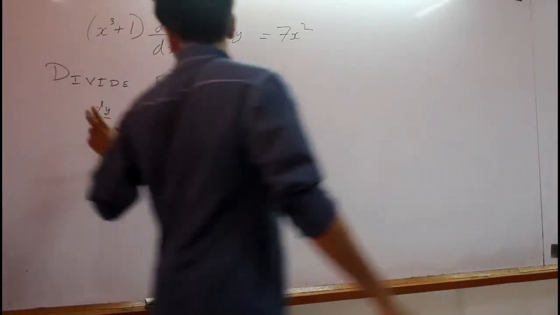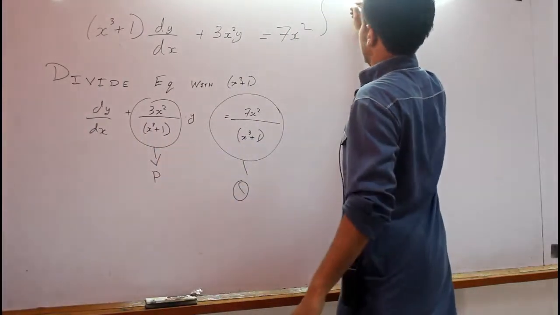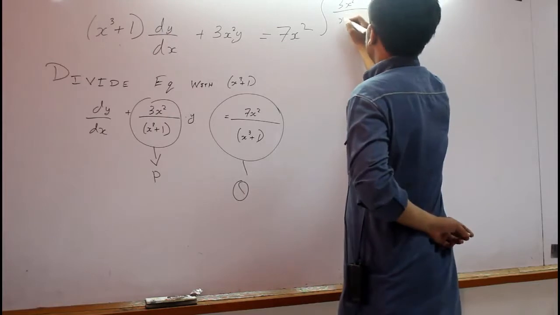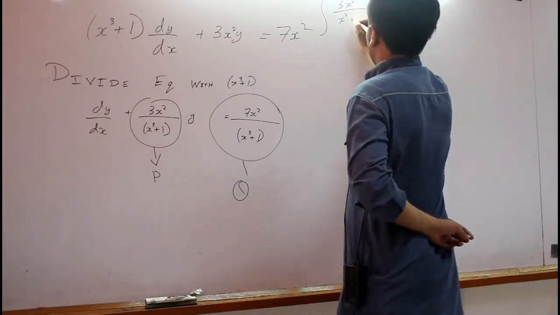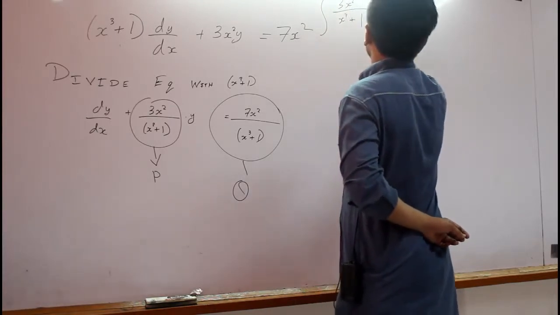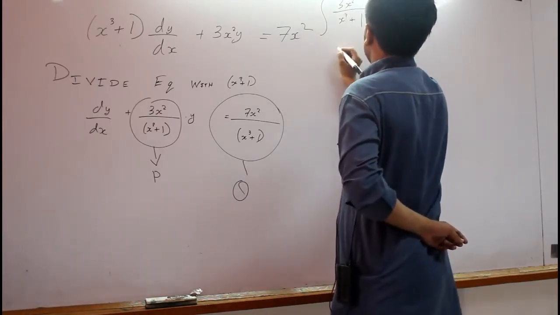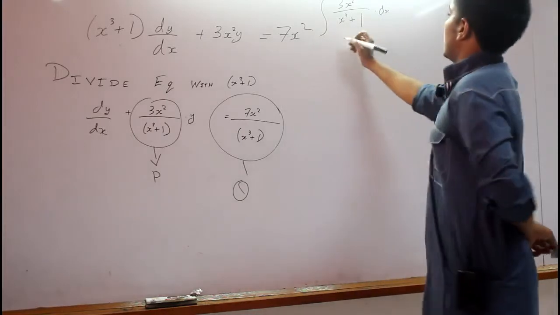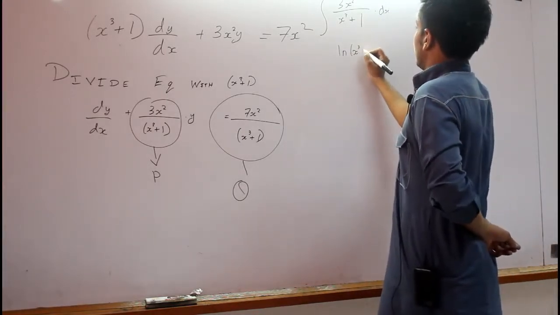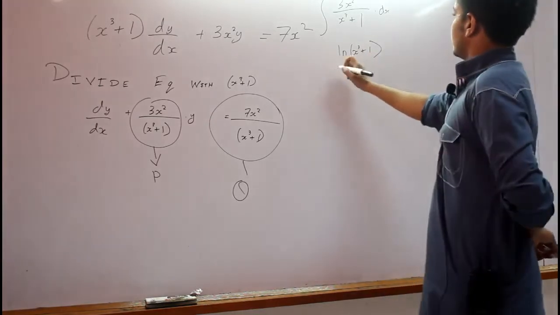Now we will see the integral of p. The integral of p is the integral of 3x square over x cube plus 1 dx. This thing is ln of x cube plus 1.